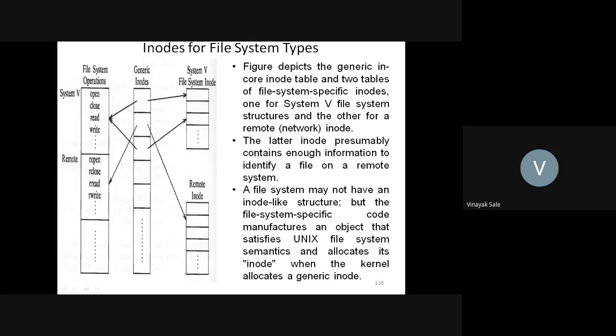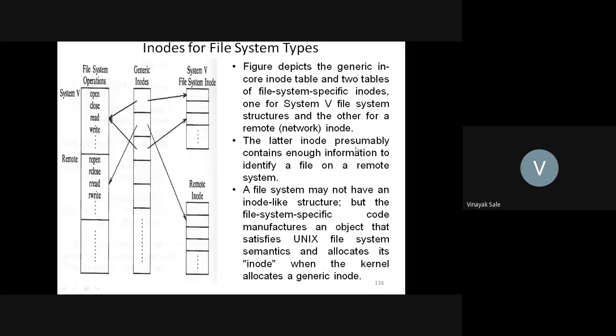So this figure shows the generic in-core inode table, and there are two tables of file system specific inodes. Suppose there are two file systems, that is the System V file system and the remote one.